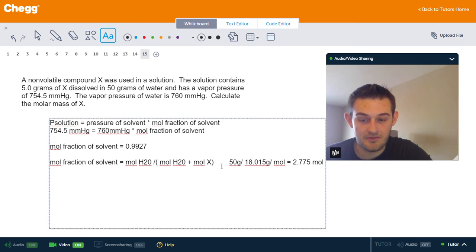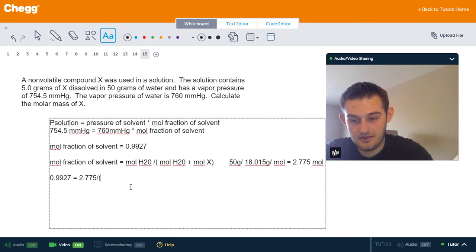Okay, so now I'm going to plug this number into this and solve for X. So mole fraction of solvent is 0.9927 from right here. That is equal to the moles of H2O, which is 2.775, divided by the moles of H2O, which is also 2.775, plus the moles of X, which is what we are solving for.